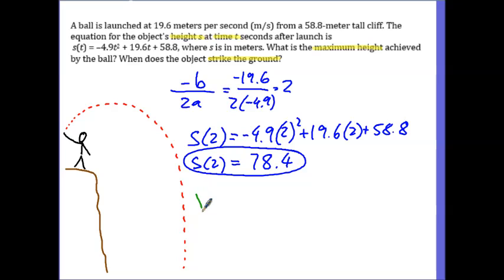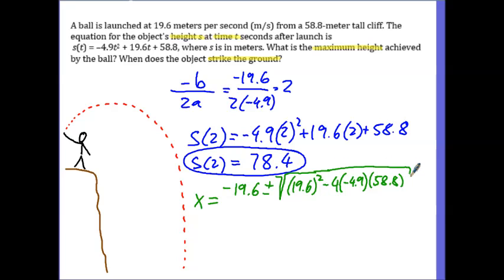So let's just go ahead and use our newly found knowledge of the quadratic formula, right? So x is equal to the opposite of b, negative 19.6, plus or minus the square root of 19.6 squared minus 4 times negative 4.9 times 58.8, and all that over 2 times negative 4.9.